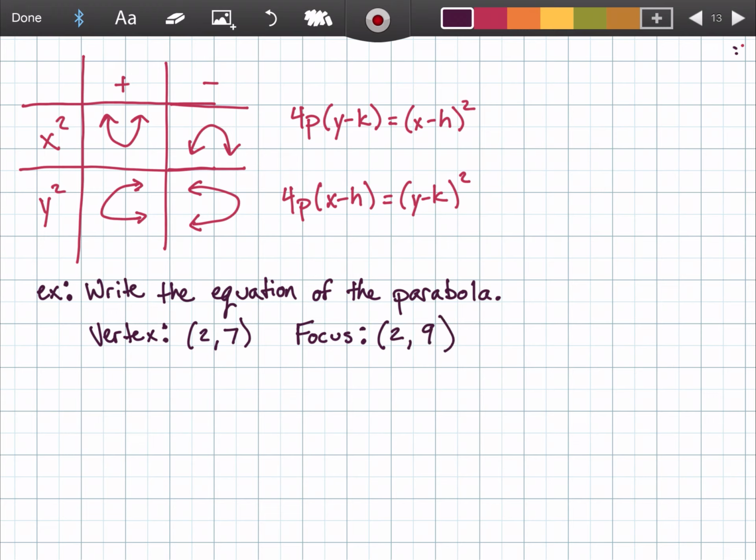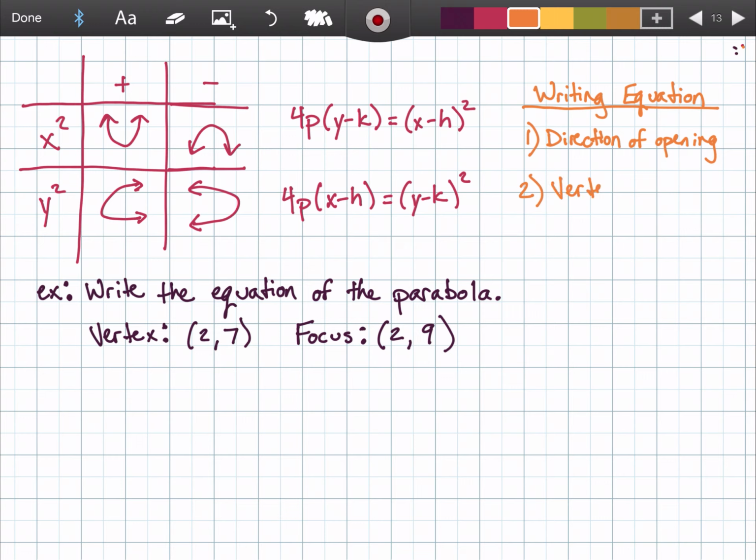When you are given something like this, here's what I want you to know. If you are writing the equation, we really only need to know 3 things. The first is the direction of opening, because that tells us: do I need x squared? Do I need y squared? Is it positive? Is it negative? The second thing is the vertex, the h, k.